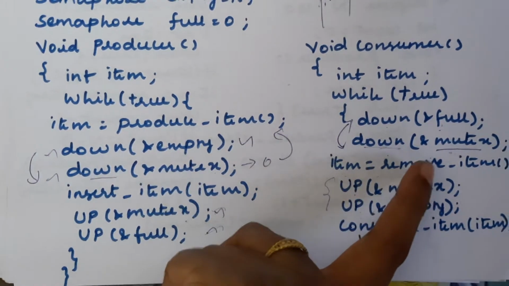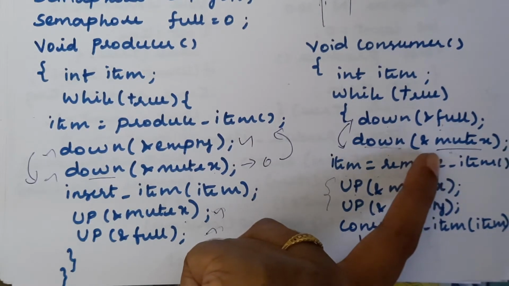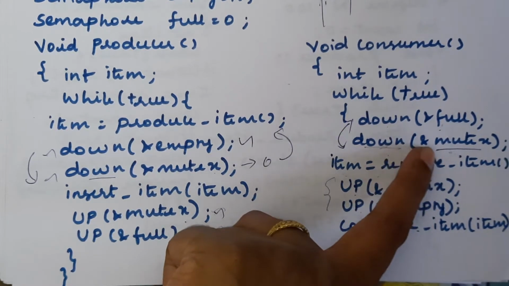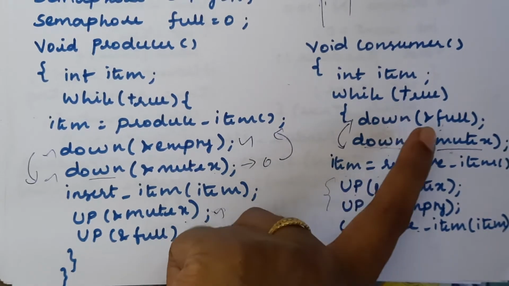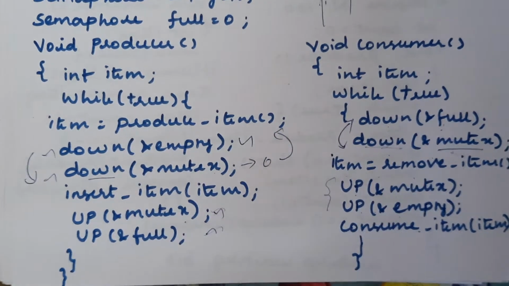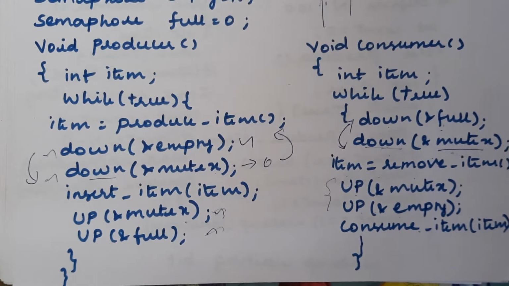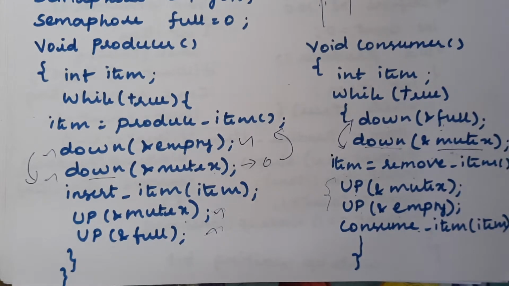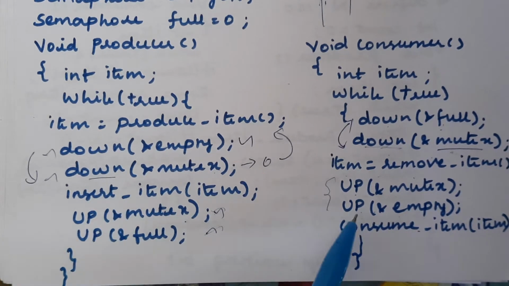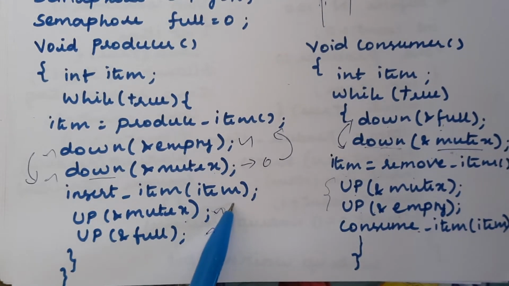Now the consumer tries to execute down on mutex, so mutex becomes 0, and then down on full. Suppose the buffer is empty, it does not have any data item, so the consumer cannot perform its task and it will also be blocked. So at the same time, both the producer and consumer will be in a blocked state.